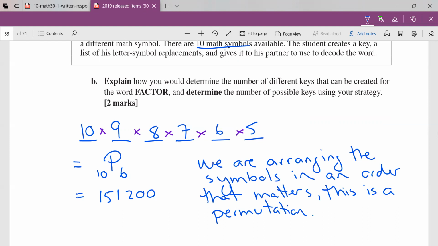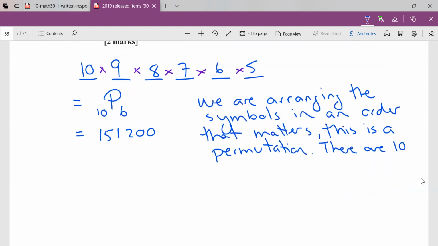Something like that is probably good enough. I could have maybe talked about the fundamental counting principle if I wanted to as well. And then I would maybe say something like, there are 10 objects or 10 symbols. Probably going to say symbols instead of objects because that's what they're talking about.